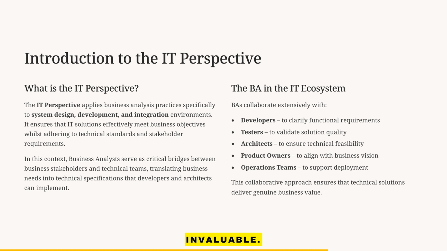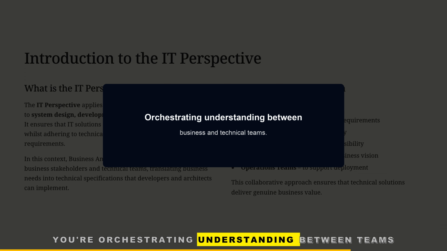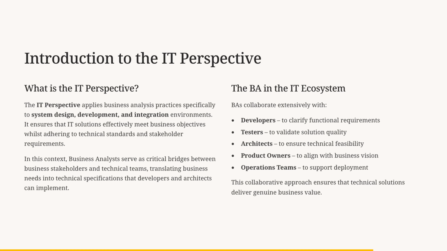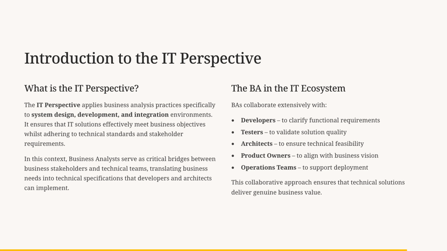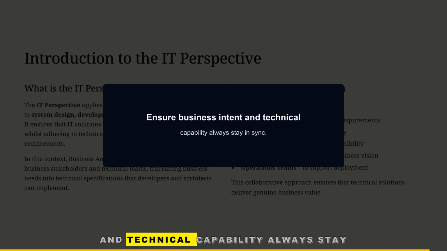And that's what makes you invaluable. You're not just gathering requirements, you're orchestrating understanding between teams that often see the world differently. A quick note for your CBAP prep. BABOK classifies this under stakeholder collaboration. In practice, it means ensuring that business intent and technical capability always stay in sync.